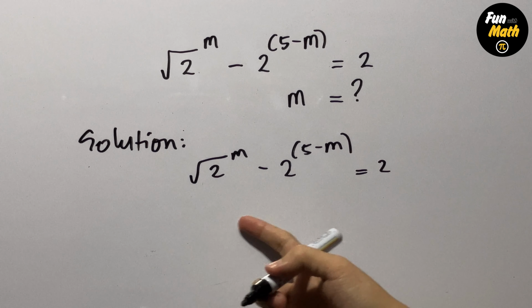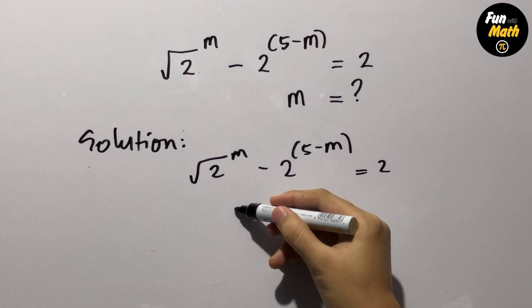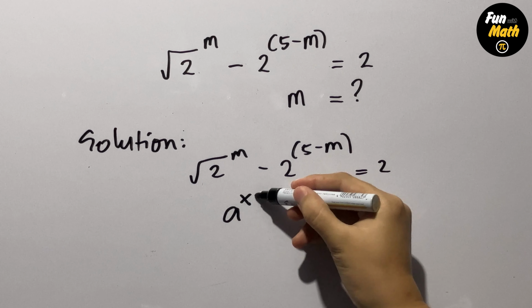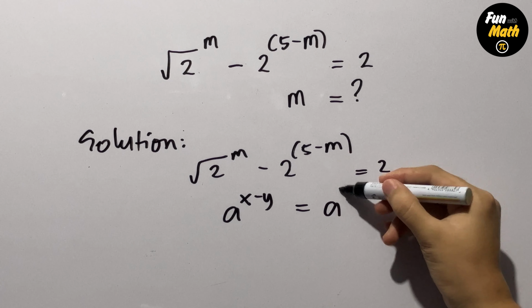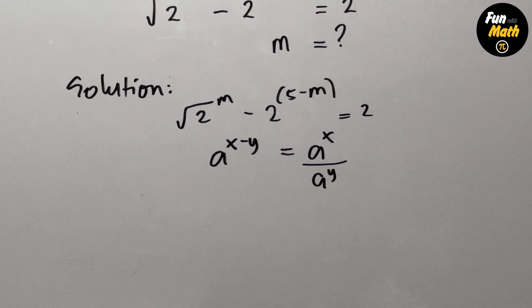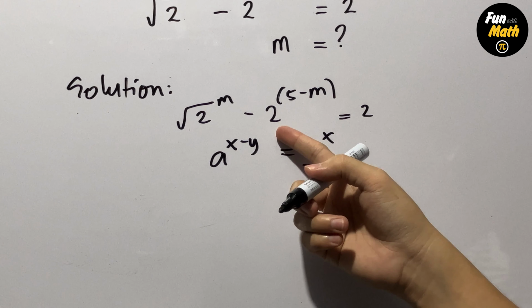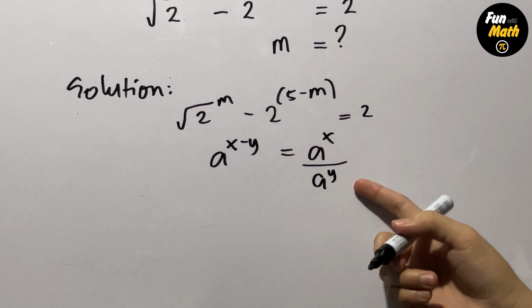Now, for this, let's follow the rule of a power. We have a to the power of x minus y is equal to a to the power of x over a to the power of y. So for this, 2 to the power of 5 minus m, we can write it like this.